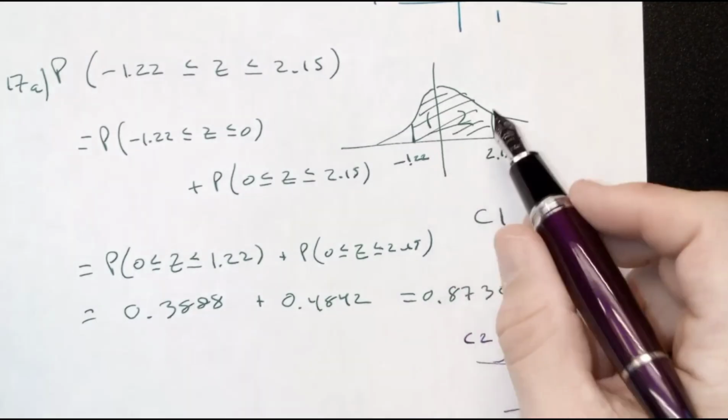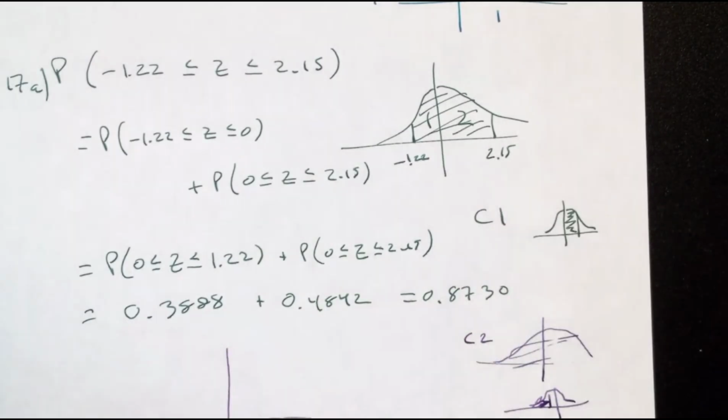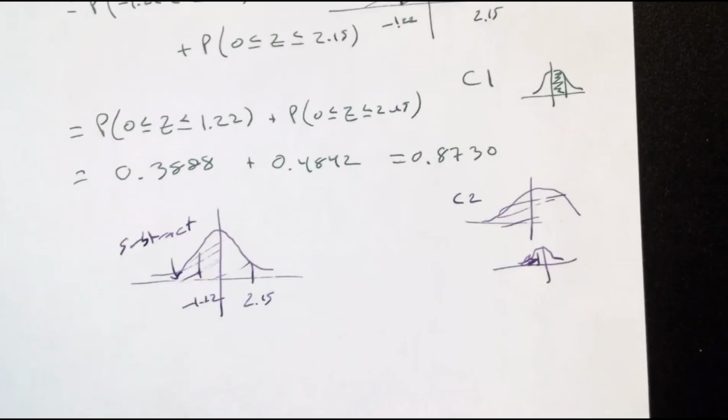So I could think of this picture as taking this whole thing and then taking away this bit. Doesn't that give me the same area? If I take the whole thing from 2.15 all the way to the left, and then I take from 1.22 to the left and subtract it off, that'd give me the same piece.